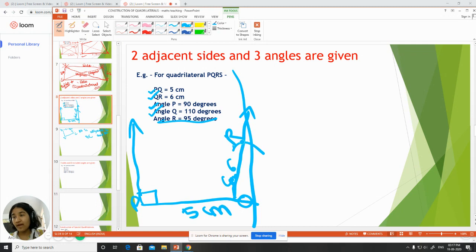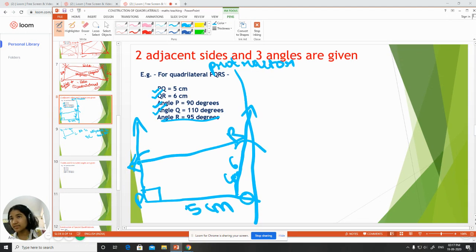So from here, we have to measure 95 degrees using a protractor. Okay, the angles are measured using a protractor. Using that, we'll measure 95 degrees now and we'll cut an arc. They should intersect. Wherever they intersect, first you have to draw a line till that point, and that intersection we can mark as S. So, do we see our quadrilateral ready now?